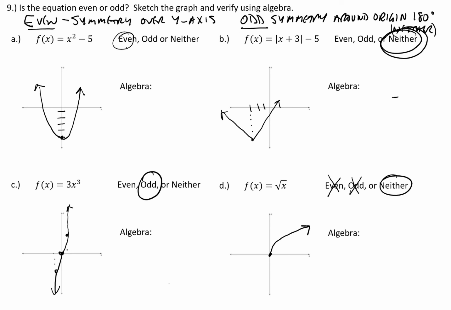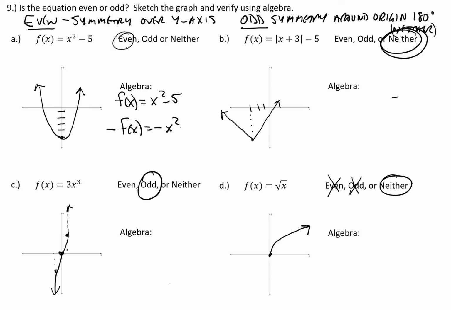So now the next thing that you want to do, in order to determine even or odd, if the function is f of x equals x squared minus 5, or if we look at the opposite of f of x, so the opposite of f of x is what?